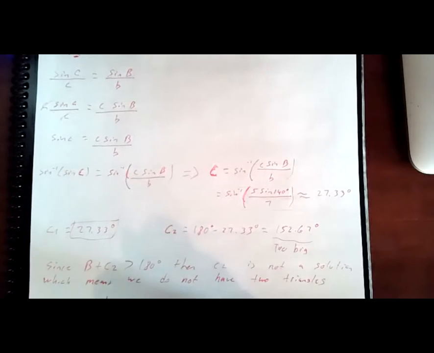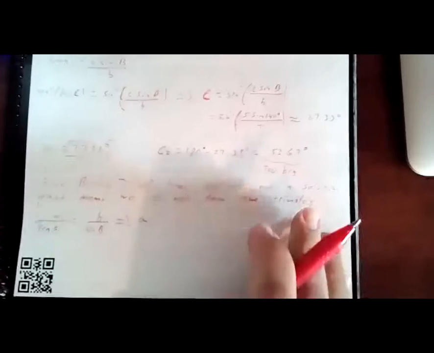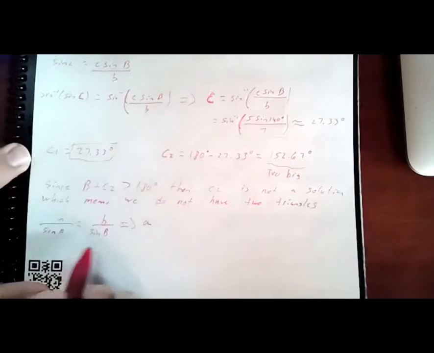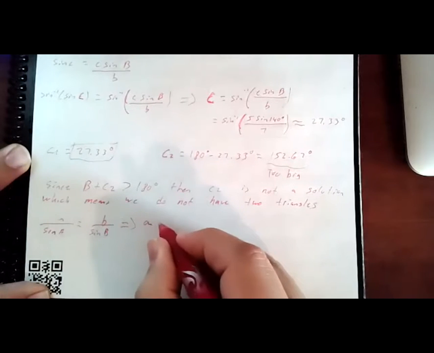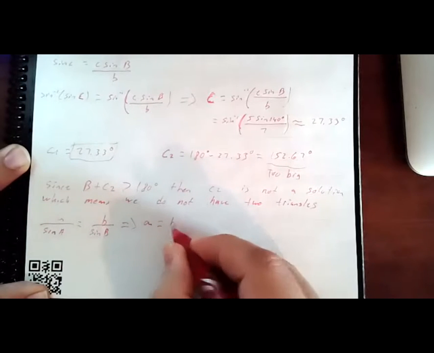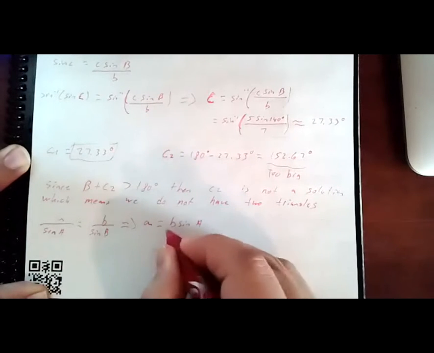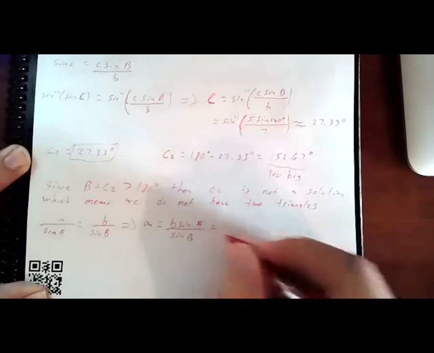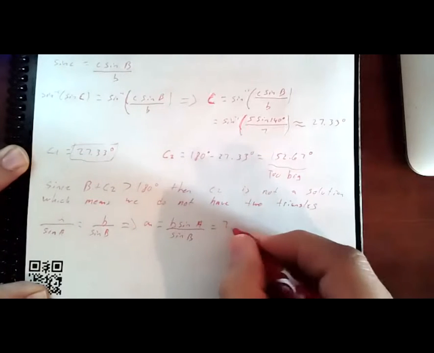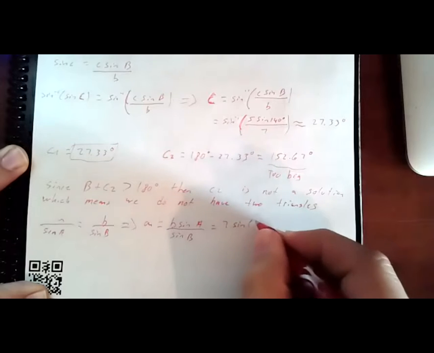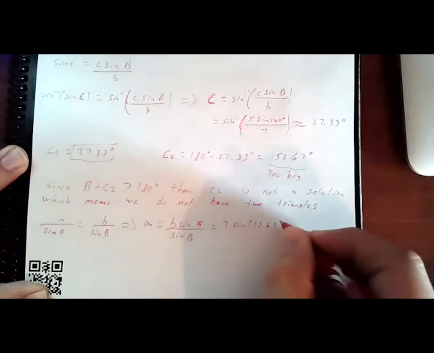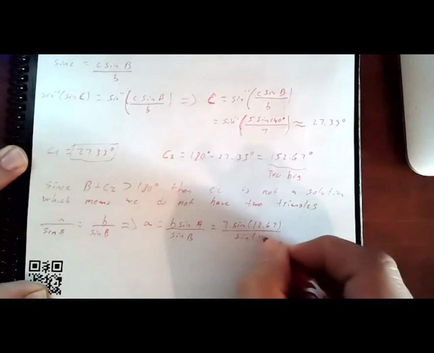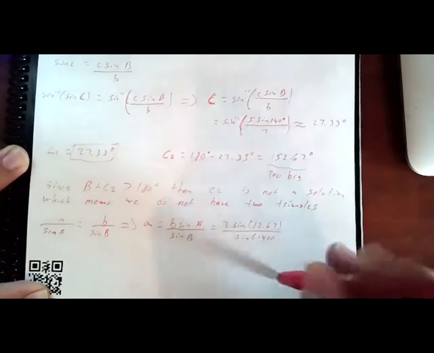So solving for a, that would imply that a is equal to b sine A over sine B. Plug it all in, that would be 7 sine 12.67 over sine 140 degrees.